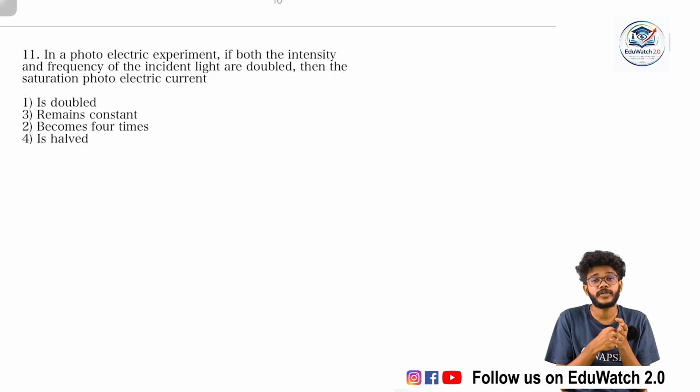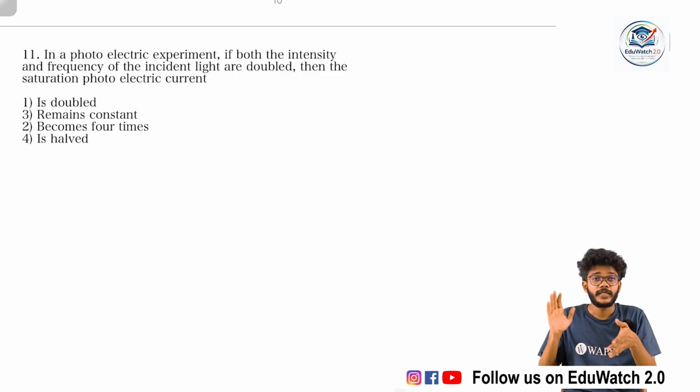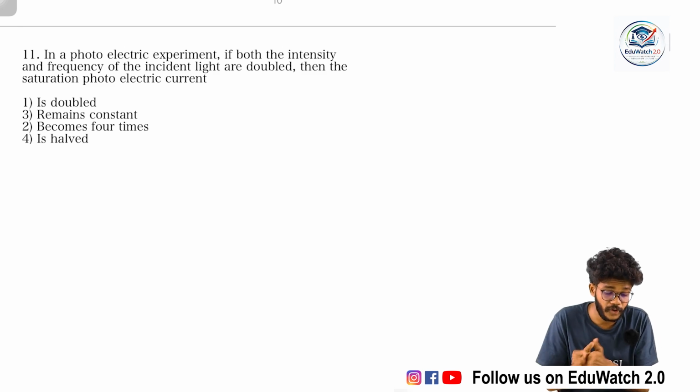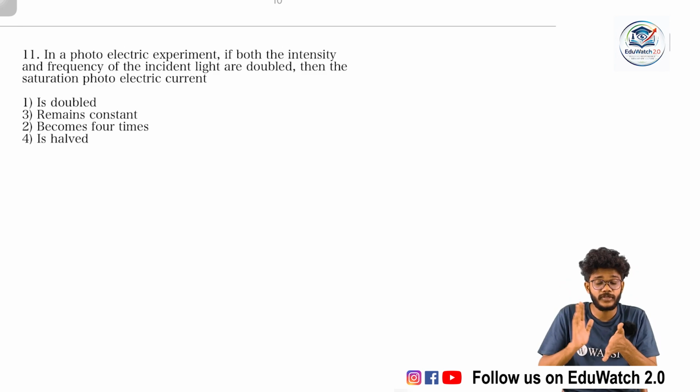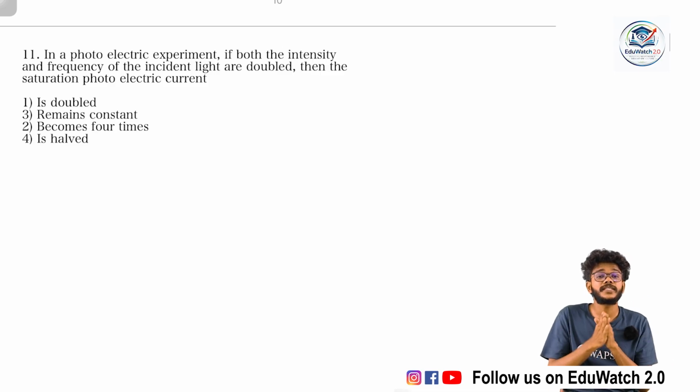Saturation photoelectric current is the current that can be stopped by a stopping potential. So we need to work out how intensity and frequency affect the current of the ejected electrons. So what is meant by current?